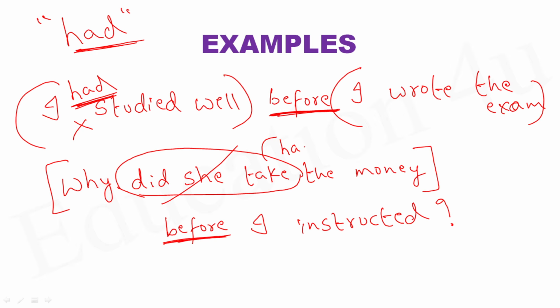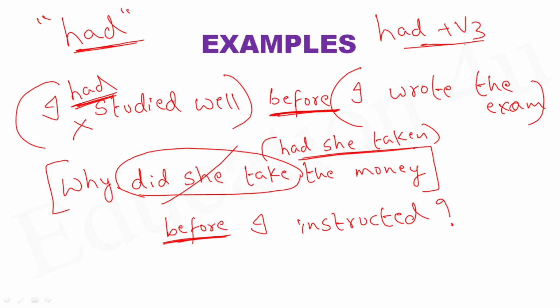Why had she taken the money? You got it? Because the moment I have decided to use past perfect, had is compulsory. And remember, when I use had in a sentence, I must use the verb in the third form. So this is what past perfect is about.